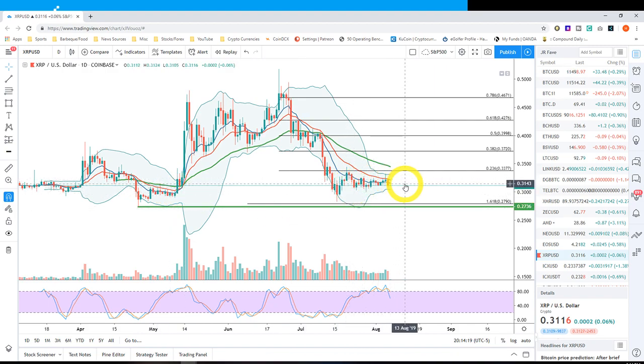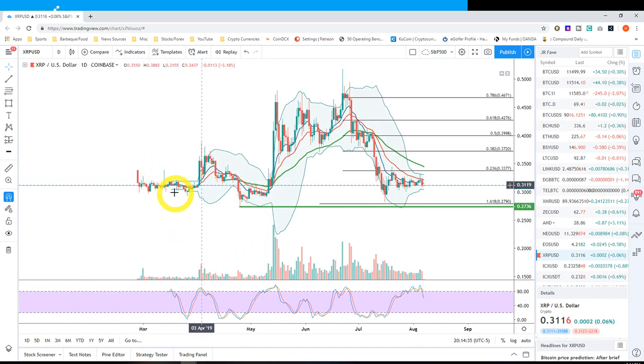Could it make a pop higher? I'm not putting it past it. It's happened before. Sure it can. It did it back here when things looked like dog crap too, right? Choppy, nothing, hanging below the EMAs, and then all of a sudden, boom.